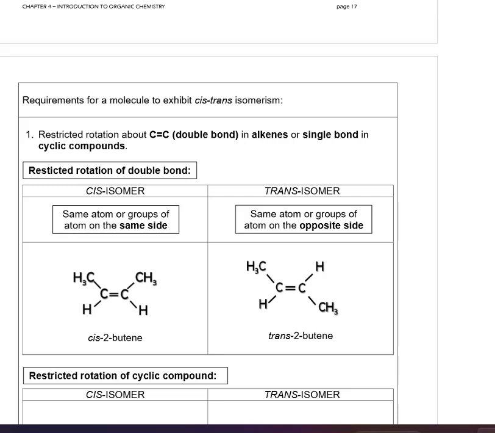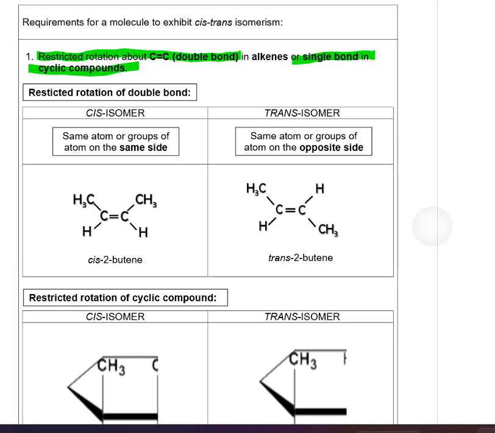The first one is restricted rotation about a carbon-carbon double bond in alkene or a single bond in a cyclic compound. So carbon-carbon double bonds and cyclic compounds have restricted rotation. Other molecules are freely rotated.